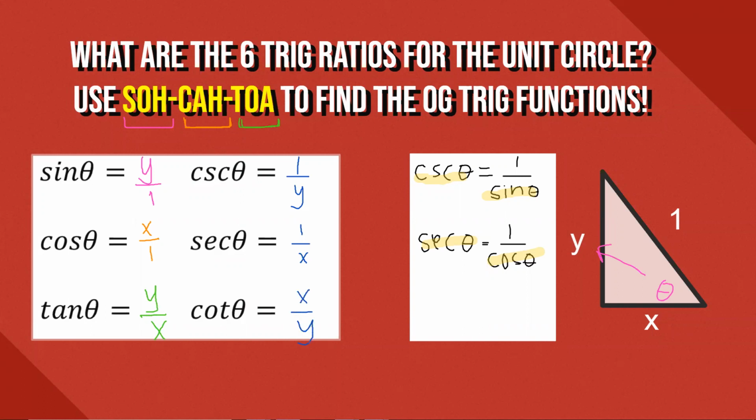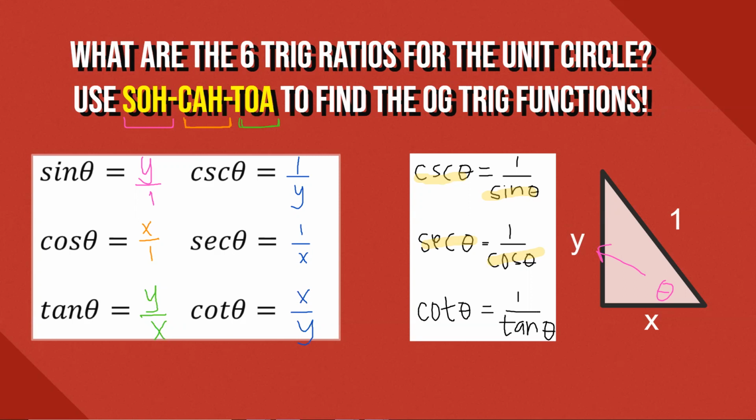And if we were to follow the same pattern, go ahead and make a guess. If cosecant is 1 over sine, and secant is 1 over cosine, how do you think we're going to redefine cotangent? Yep, we're going to define cotangent as 1 over tangent theta.